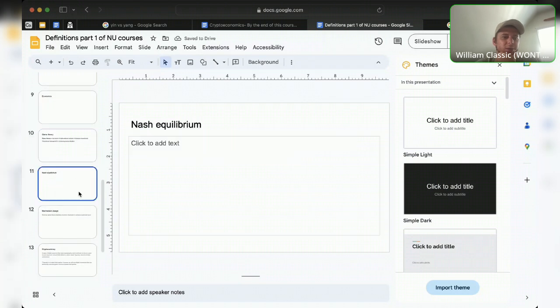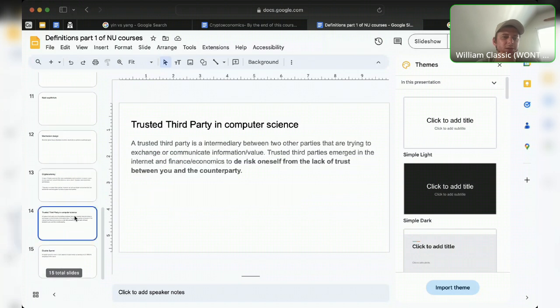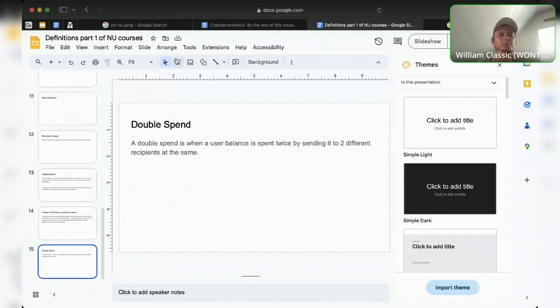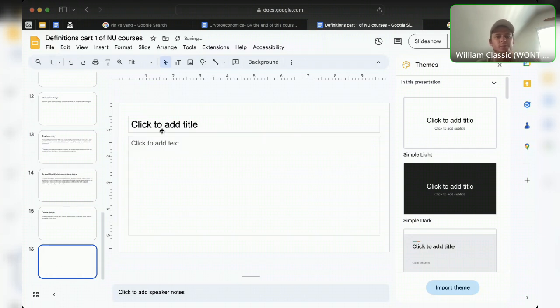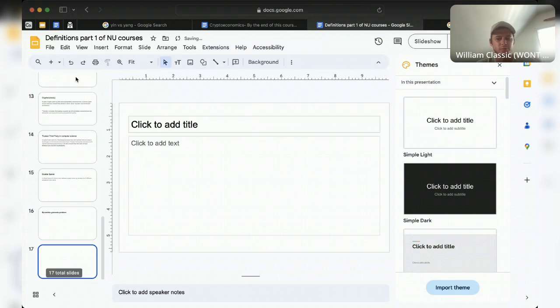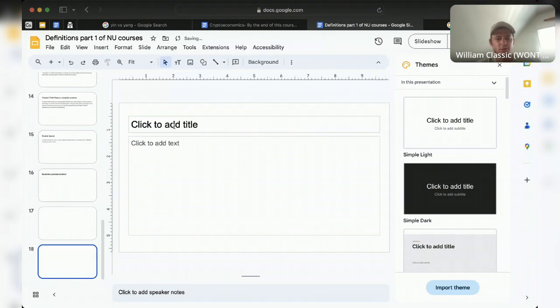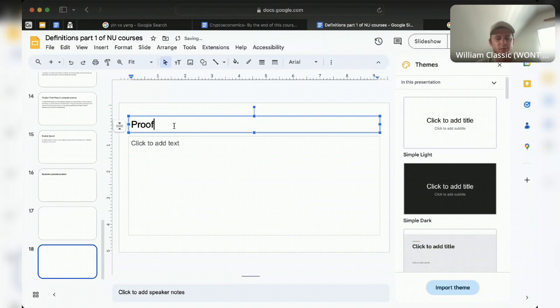Economics, game theory, Nash equilibrium, mechanism design, cryptocurrency, trusted third party, double spend, Byzantine generals problem, consensus, proof. Or let's just say Nakamoto consensus for now.